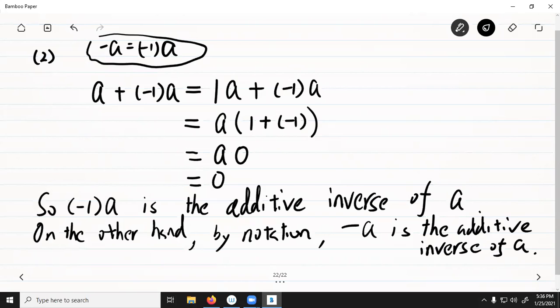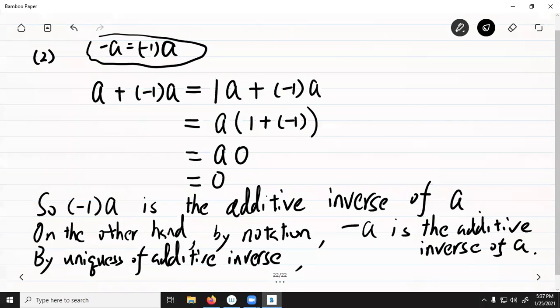Okay, so you can compare these two. Negative 1 times A is the additive inverse. Negative A is also the additive inverse. Then we can use, by the uniqueness of additive inverse, we can conclude that negative A must be equal to negative 1 times A. The reason is there is only one additive inverse.